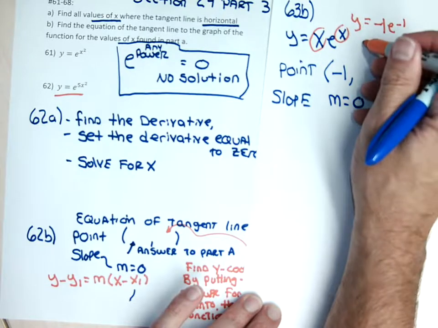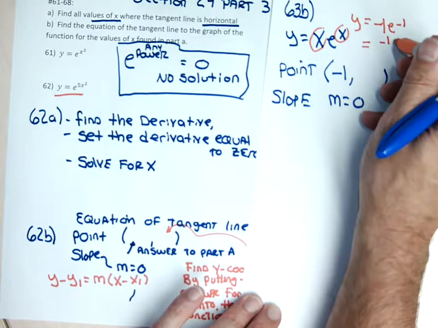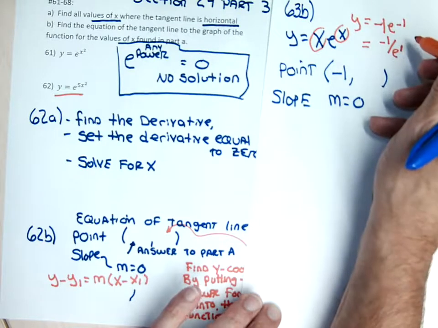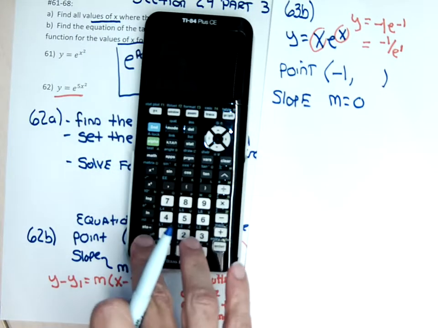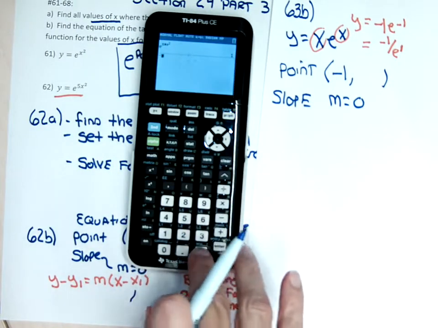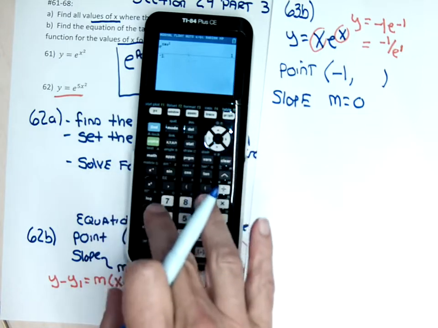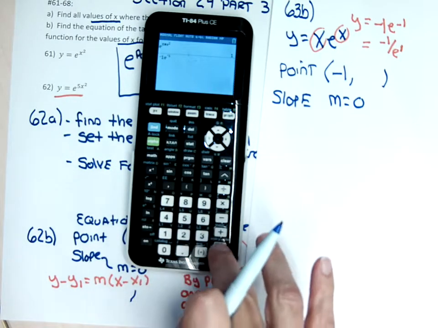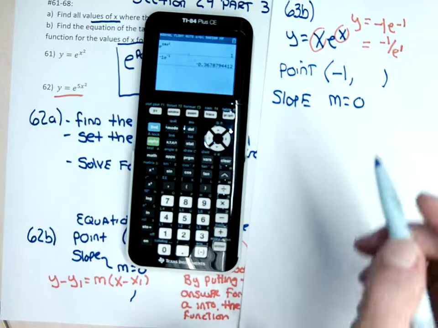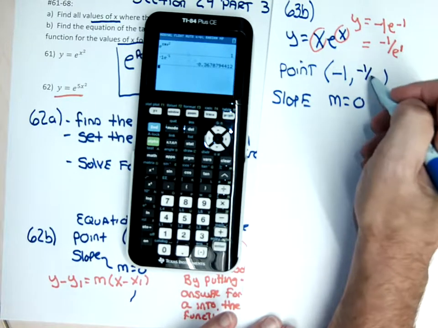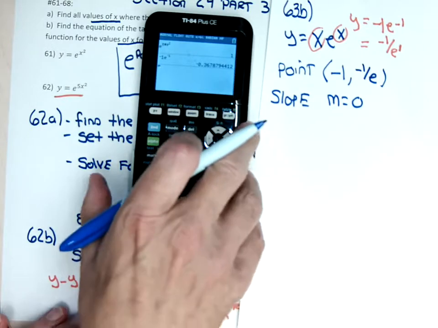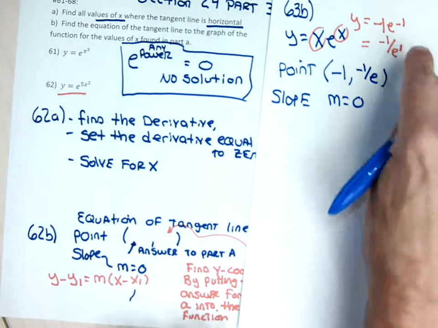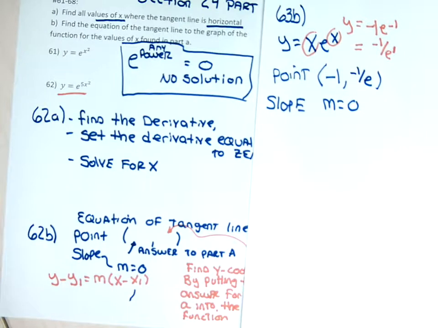I'm going to make this have a positive exponent by moving the e down to the denominator of a fraction. And I'm not going to write what this is equal to in terms of a decimal, because if I did it I'd get an ugly decimal, and I'd rather my y-coordinate have an e than be a decimal. So for 63b, I have the -1 over e for my y-coordinate.